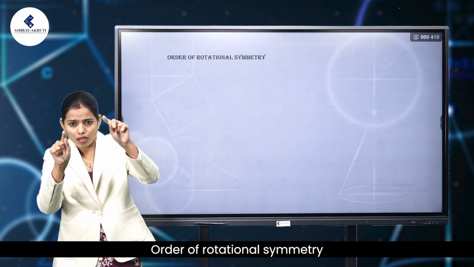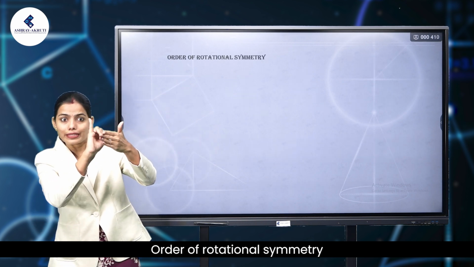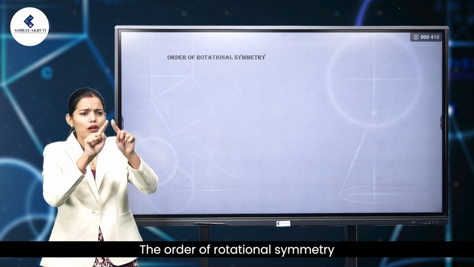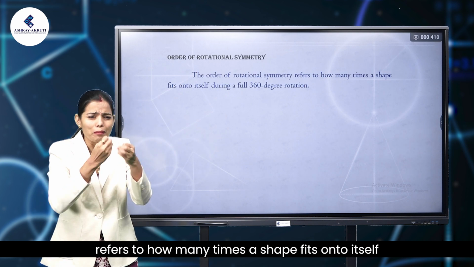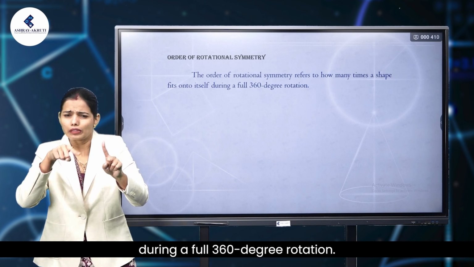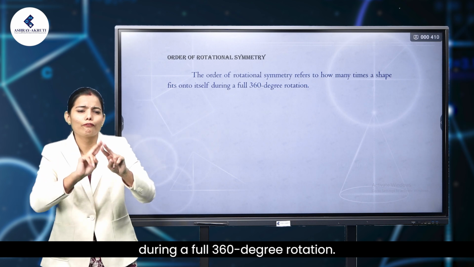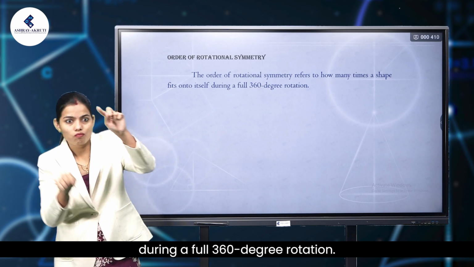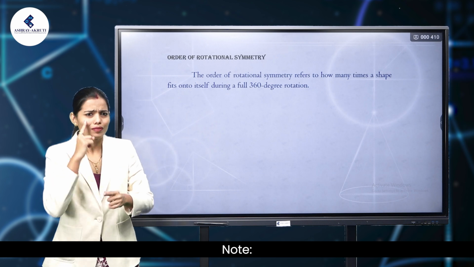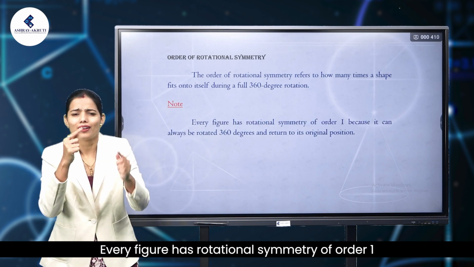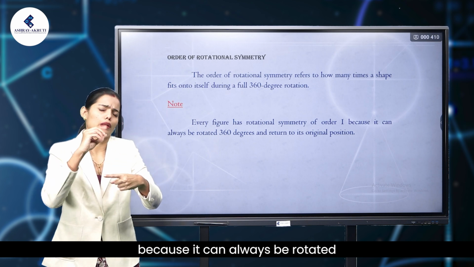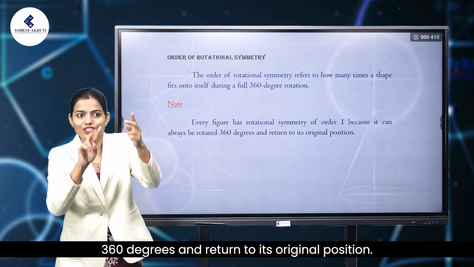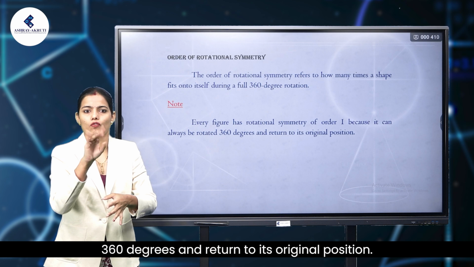Order of rotational symmetry. The order of rotational symmetry refers to how many times a shape fits onto itself during a full 360-degree rotation. Note: every figure has rotational symmetry of order 1, because it can always be rotated 360 degrees and returned to its original position.